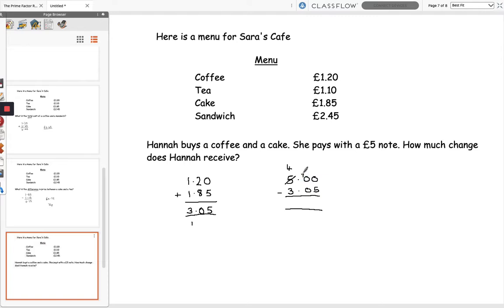Then again, I'm going to cross that out, put a 9 there, and carry the 1 across to make 10. So 10 take away 5 is 5, 9 take away 0 is 9, and 4 take away 3 is 1. So that's the amount of change that Hannah will receive. Hannah will receive £1.95 in change.